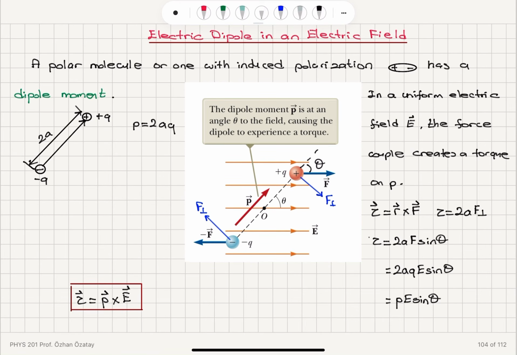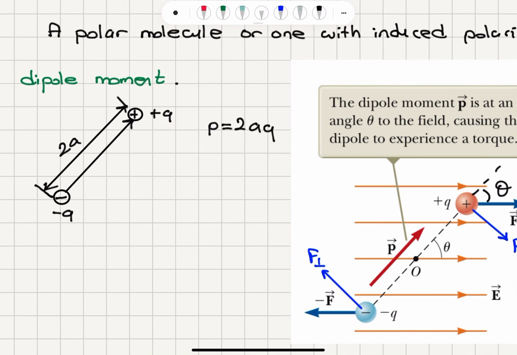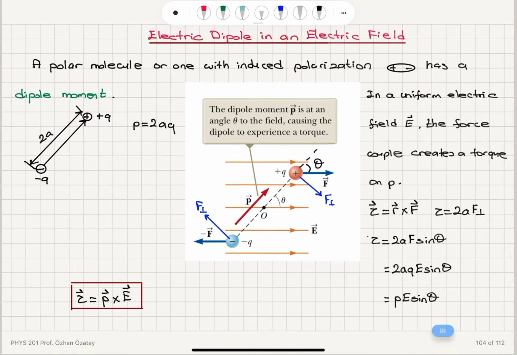Electric dipole moment vector is defined as a vector that points from a negative charge minus q to positive charge plus q, separated by a distance 2a. Its magnitude is 2a times q, or the distance between the charges multiplied by q.